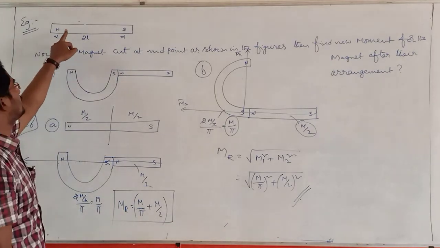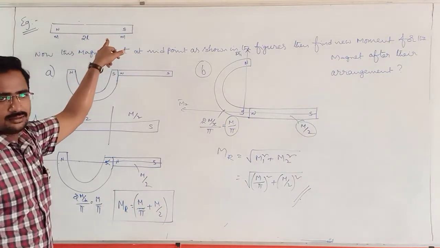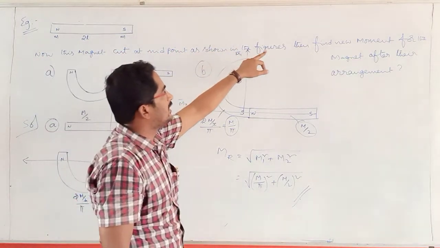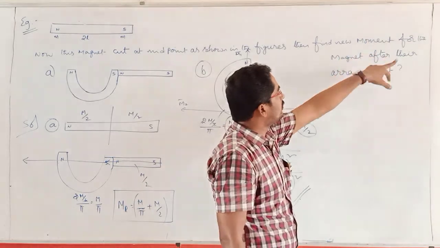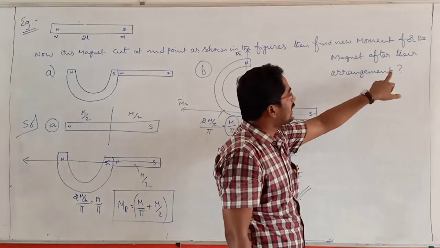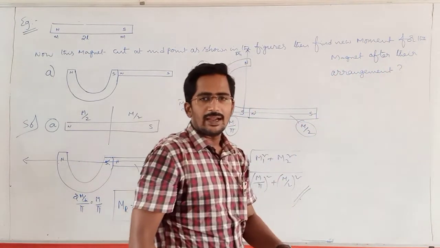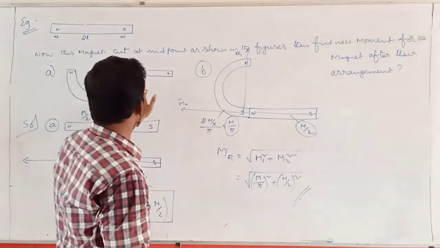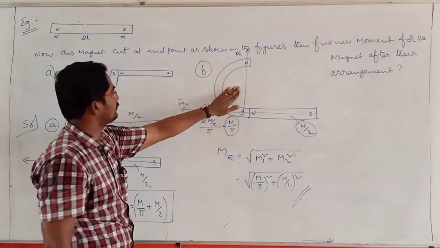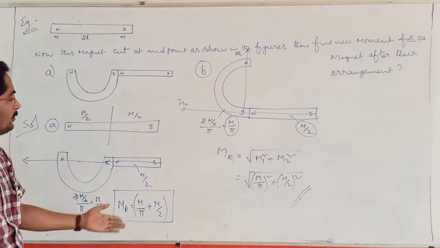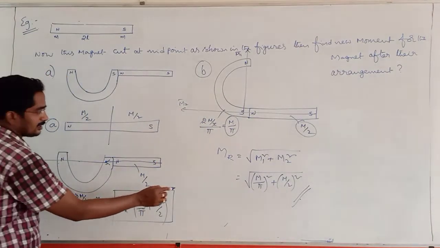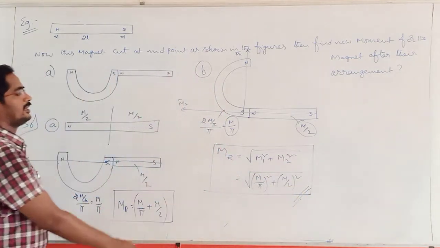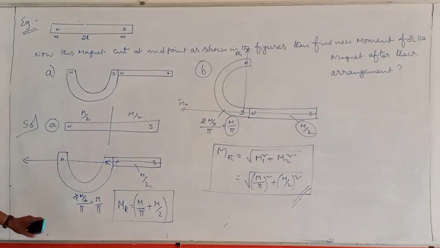First see here: a magnet was considered. Now this magnet is cut at the midpoint as shown in the figure, and then find the new moment for the magnet after their arrangement. After being cut, the two pieces were arranged as shown in the diagram. Then what is the moment formula? This is the answer for this. The resultant moment formula is one. Okay, do remember it well.